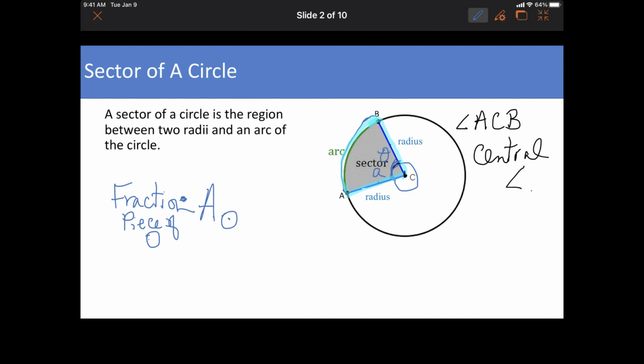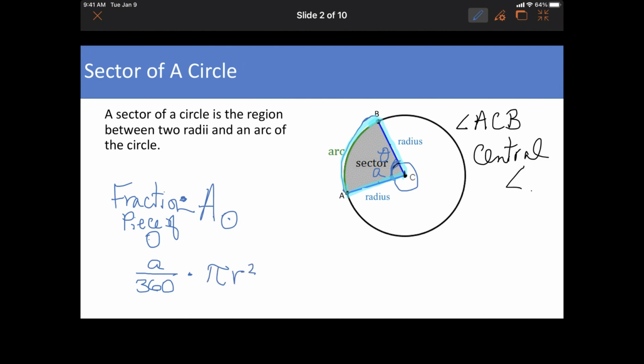So we're going to take this angle, and that's going to give us our fraction. So that degree over 360, going all around. So if you have 1/3, that would be 120 degrees over 360 degrees, times the area of the circle, which is pi r squared.